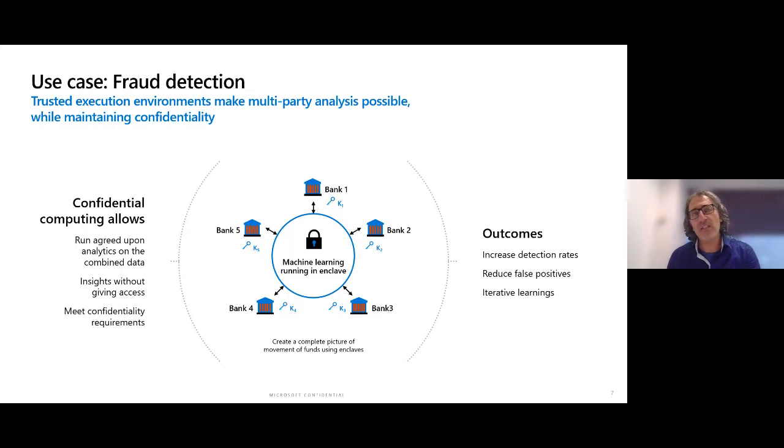This machine learning service can actually read this data set, and no one else. So if bank one obtains the key from the attestation service, and I will speak about this in a moment, and then uploads the data in this enclave, no one else can get the data out of it, because this data resides inside this memory space, which is accessible only by the machine learning service.